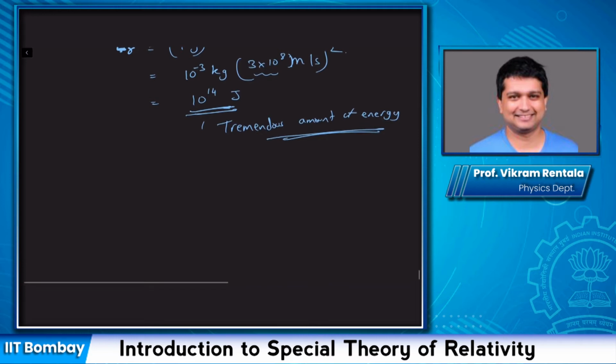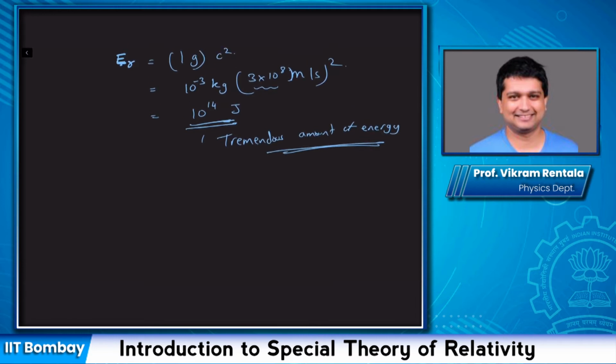It's quite difficult to actually convert rest mass of particles into energy at scale. This happens in typical chain reactions inside fission reactors, where not the total mass, but a part of the mass is converted into kinetic energy or other forms of energy in nuclear reactions, and also in fusion reactions inside the sun.